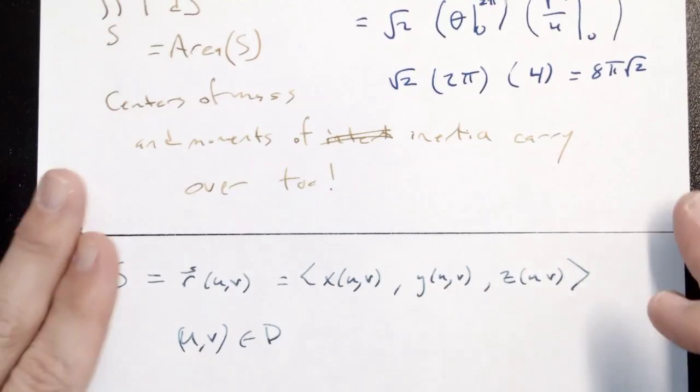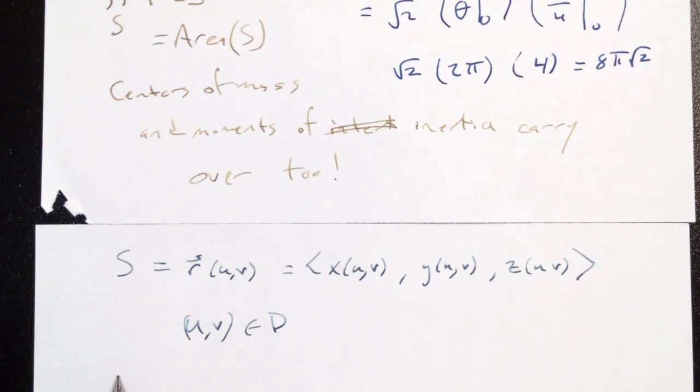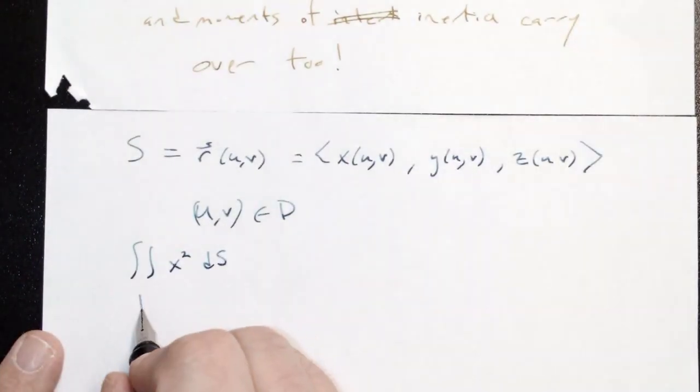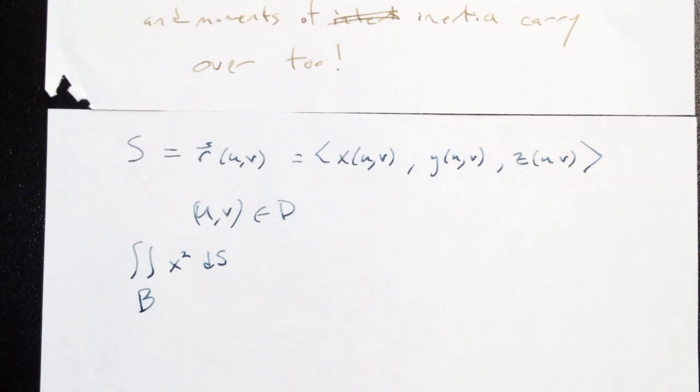I can describe a surface this way. I'm going to do a very similar problem. I want to do the double integral of x squared dS over, yeah, I'm going to call it B. You know why I'm going to call it B? It's the surface of a unit ball.